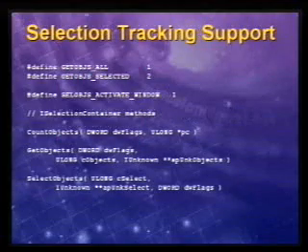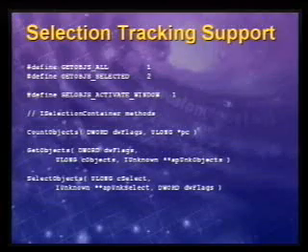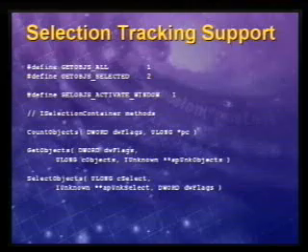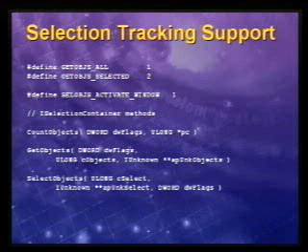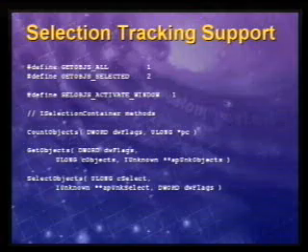Once you have given us these objects, one of the features is having selection within your application tracked, and having the properties and methods visible in the property browser. This is just a brief look at what the API looks like for selection tracking. There are three methods. Basically, you tell us the number of objects contained on the document, so if you have multiple controls, it would be the document and all the controls.